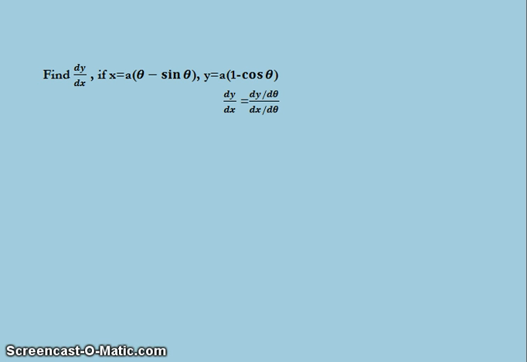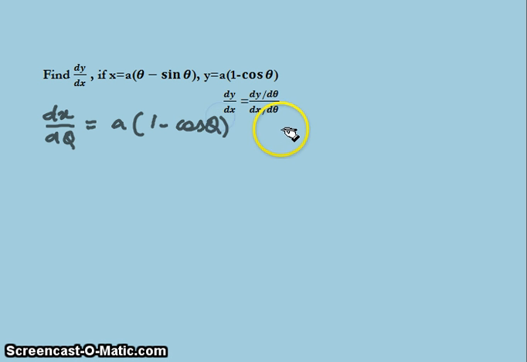Thus, by differentiating x with respect to theta, we have dx by d theta equal to a into 1 minus cos theta, and dy by d theta is equal to a into 0 minus of minus sine theta.